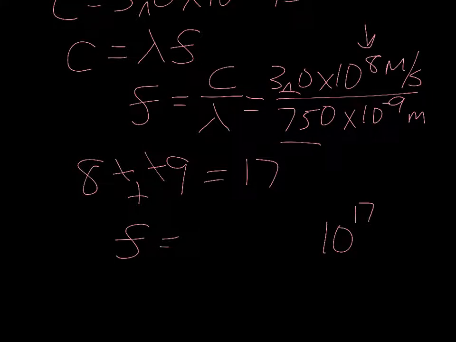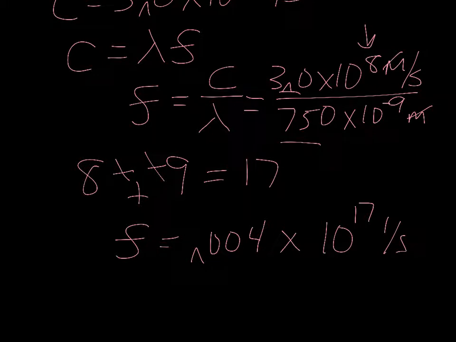However, I still need to take 3 divided by 750. So I'm going to take 3 divided by 750 on my calculator out here. And I get 0.004. My units, meters cancel out. I'm left with per second. And remember, per second just means hertz. So we're talking about a frequency that looks like it makes sense.